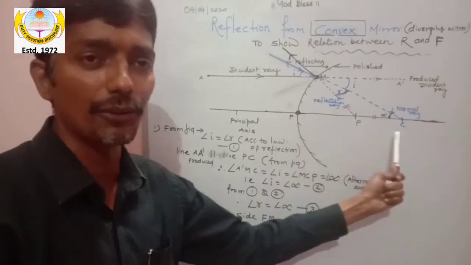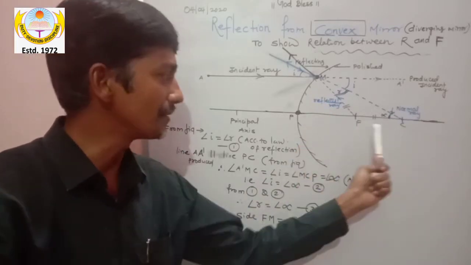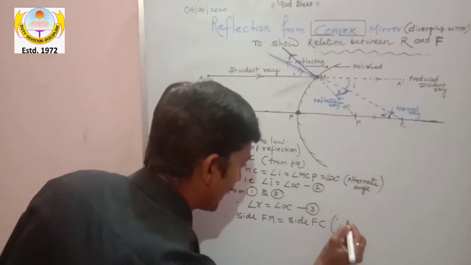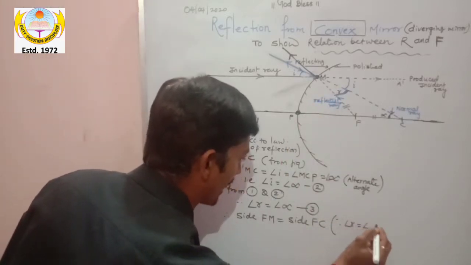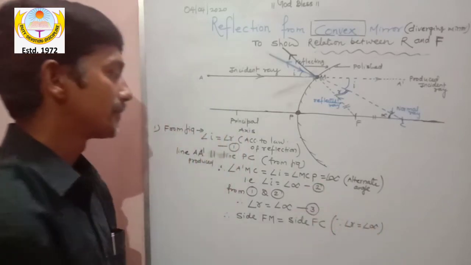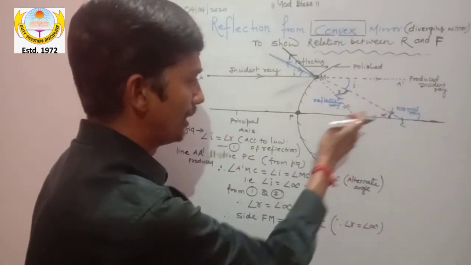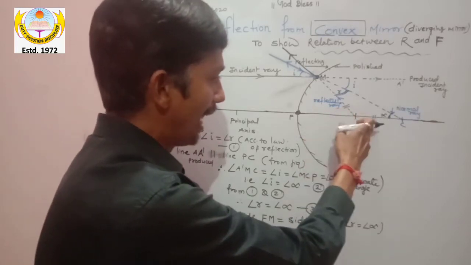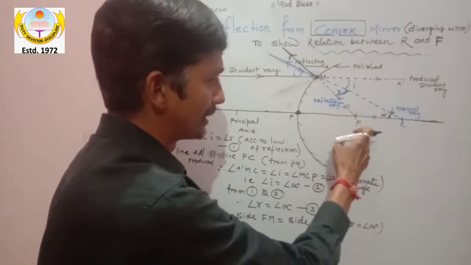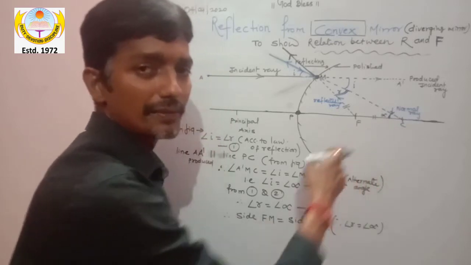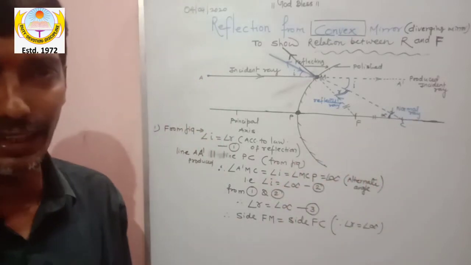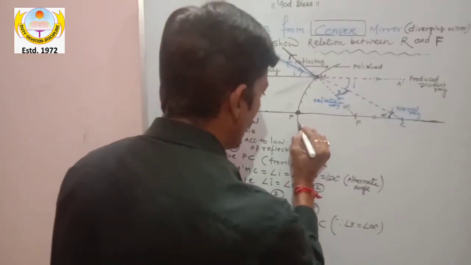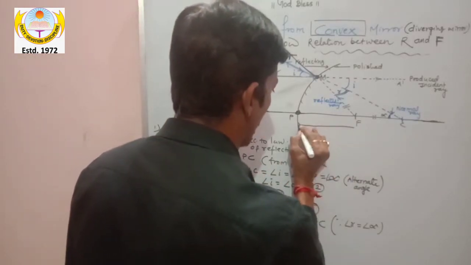FM is equal to FC. You can see. Because why? Since angle R is equal to angle alpha. So if the angles are equal, by isosceles triangle, the sides are equal, that is the side MF and side FC are equal. Earlier also I did in my concave mirror case. Okay. Now my dear, from figure you can see how much is the distance from P to F.